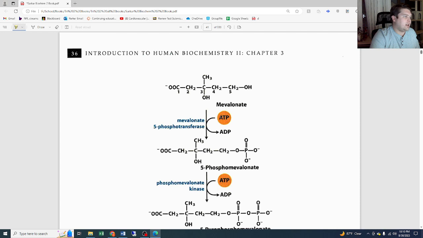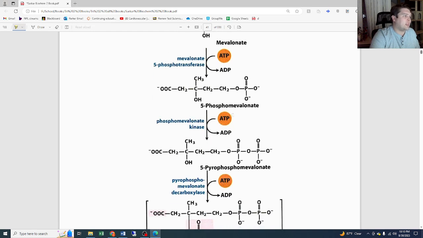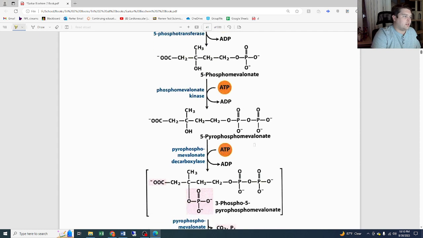From mevalonate, we have the mevalonate 5-phosphotransferase, using the ATP to take a phosphate and put it at the end. Then a phosphomevalonate kinase. Remember, the kinases are also going to phosphorylate, so it's going to add another phosphate group.